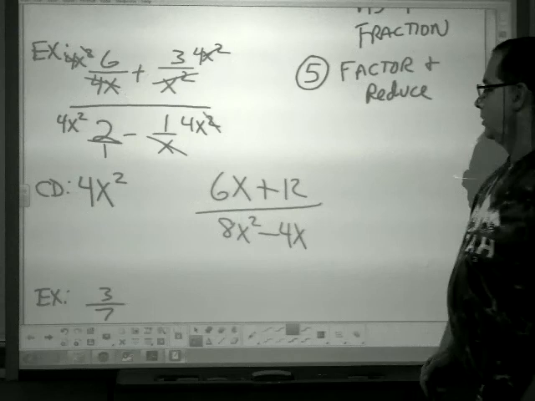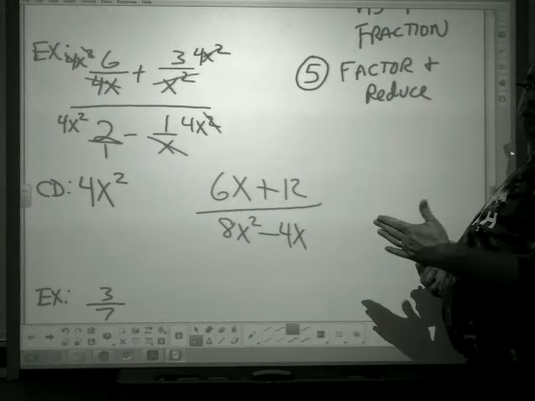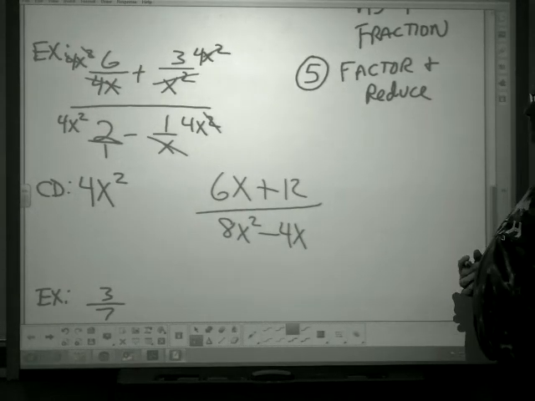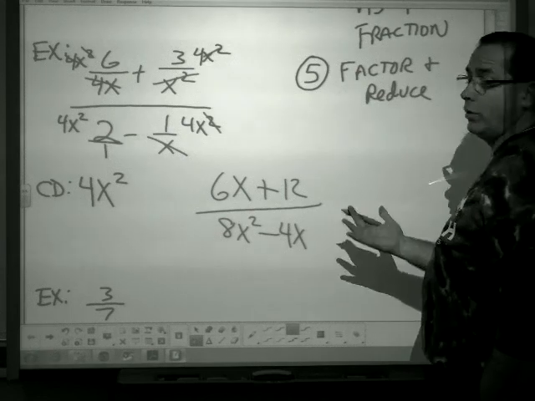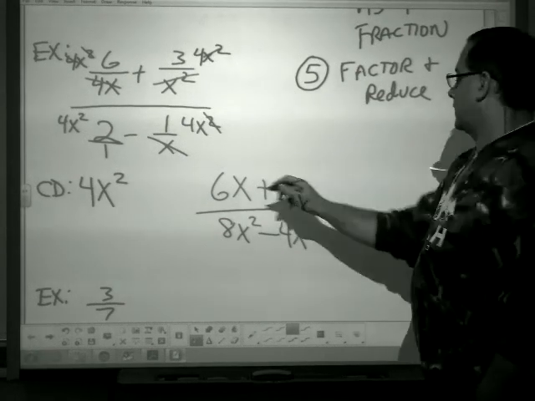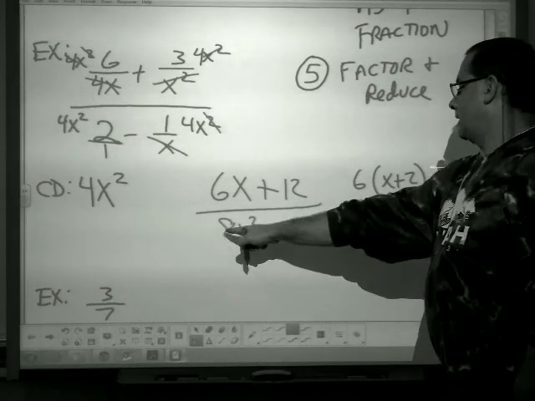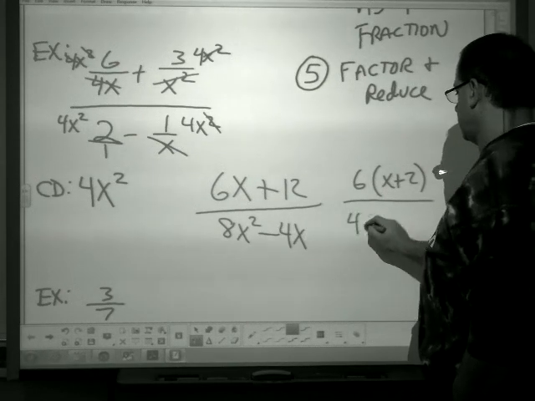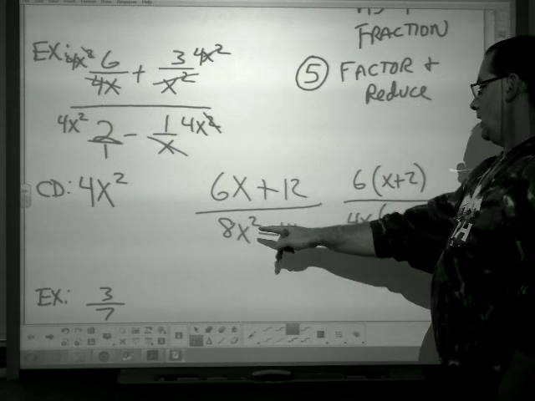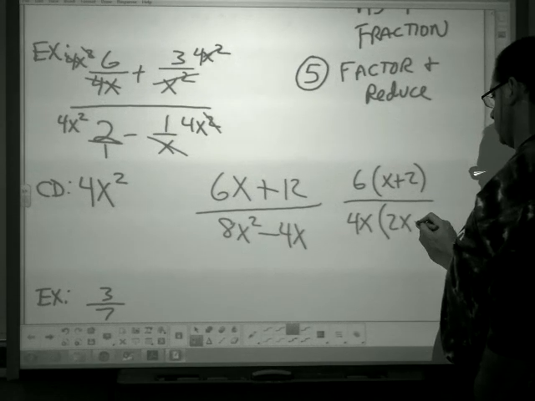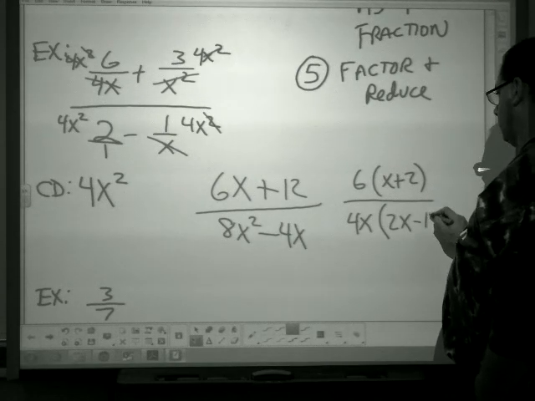Okay, factorable. Lots of times it's going to be GCF factoring or difference of squares. Not always, but quite a few times. Take out a 6, x plus 2. Take out a 4x, and I got 2x minus 1.